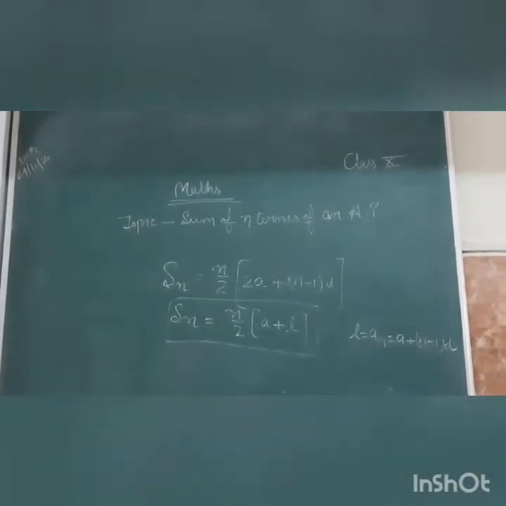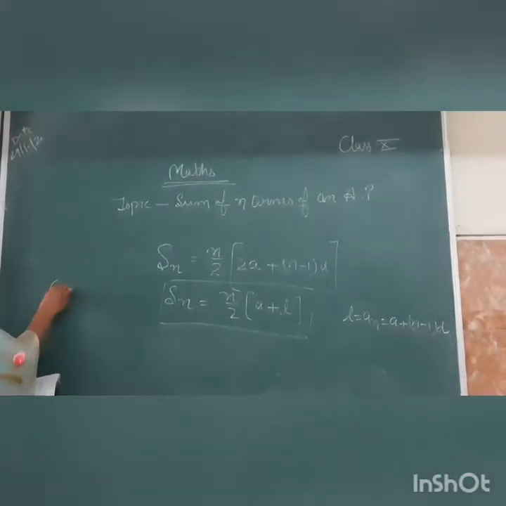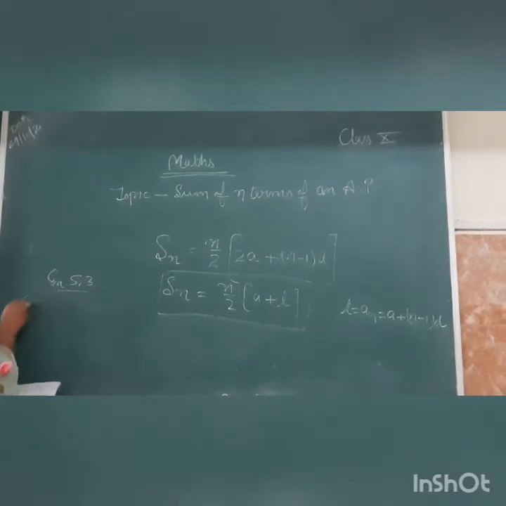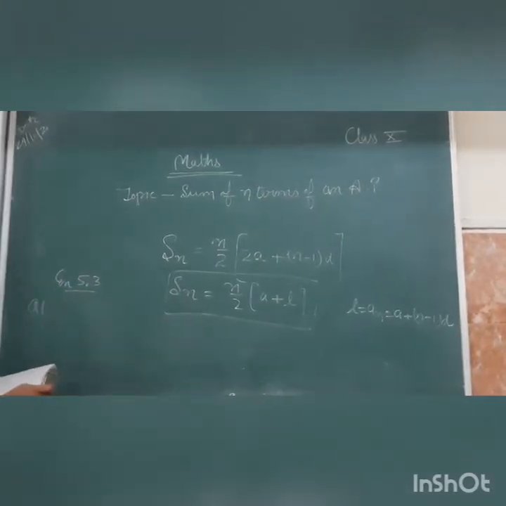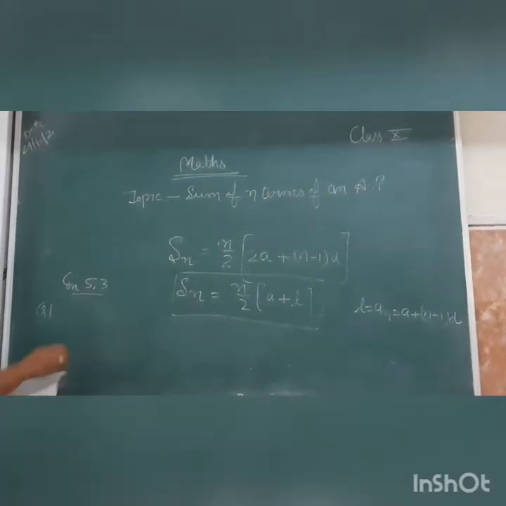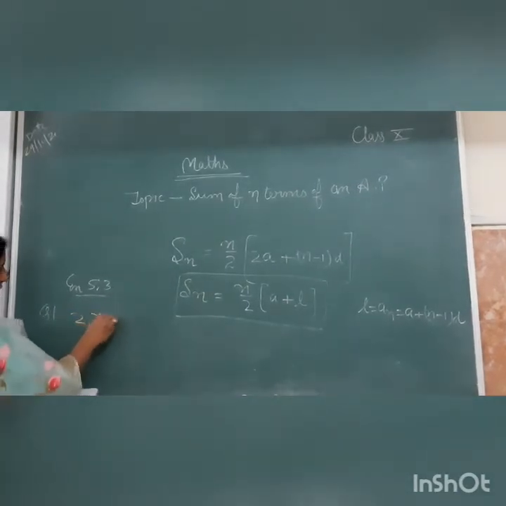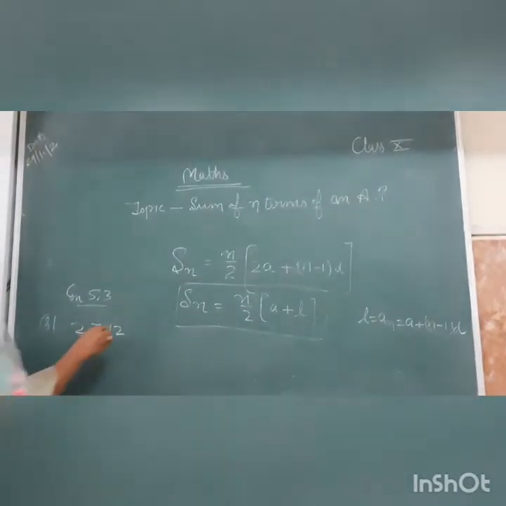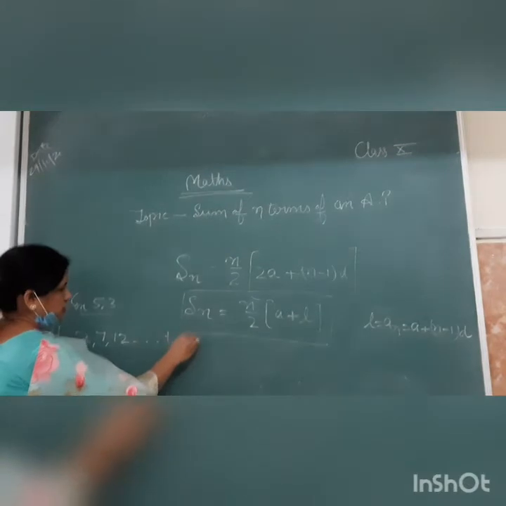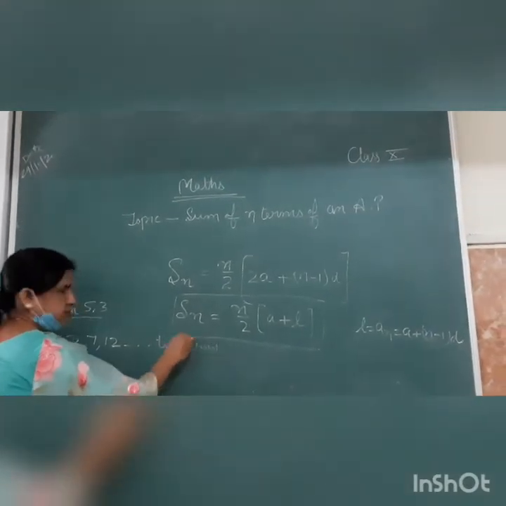Suppose here is one question, exercise 5.3, question number 1. Here is given the AP 2, 7, 12 up to 10 terms.